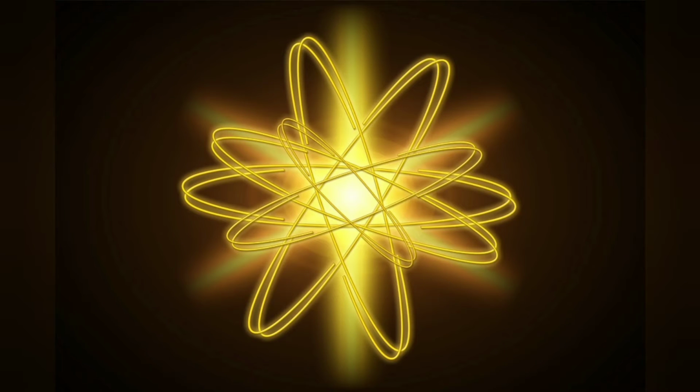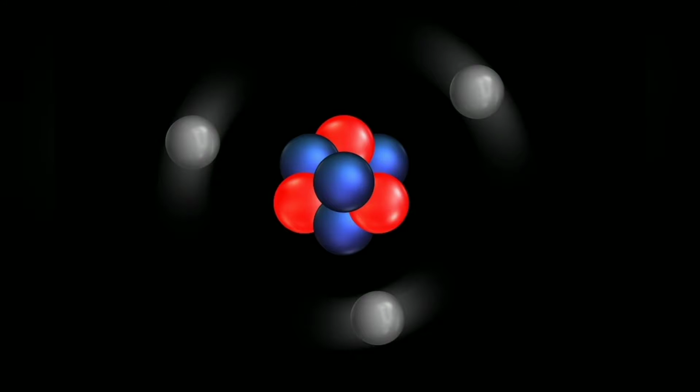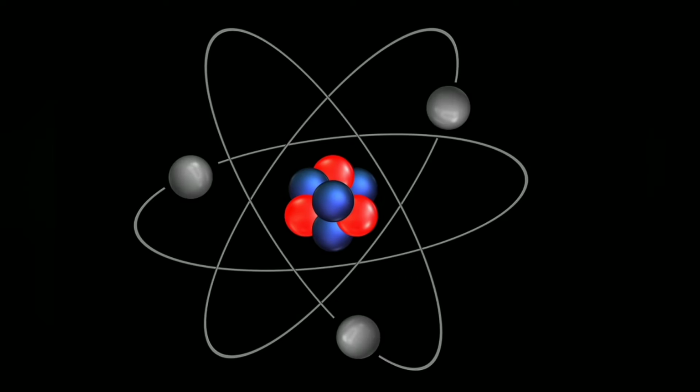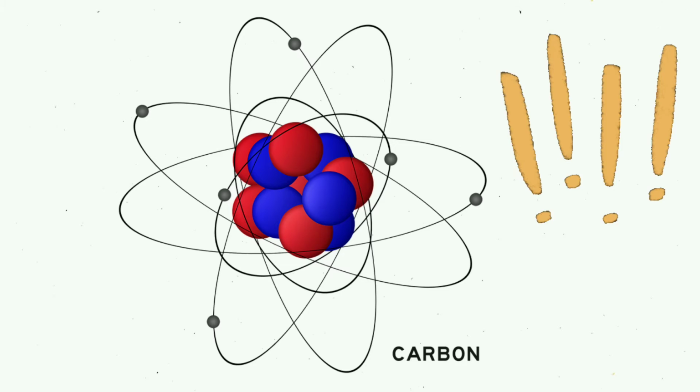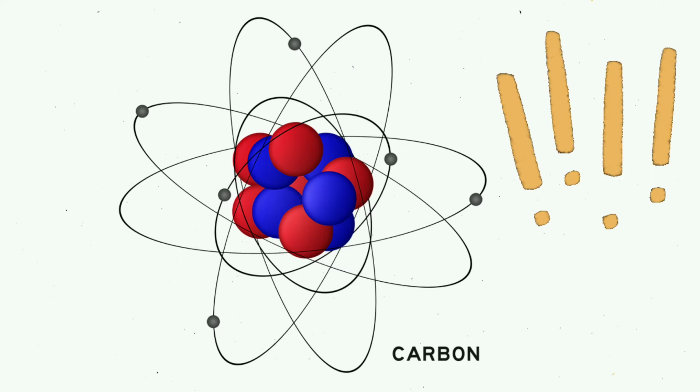Atoms consist of three basic particles: protons, electrons, and neutrons. The nucleus or center of the atom contains the protons, positively charged, and the neutrons, which have no charge. The outermost regions of the atom are called electron shells and contain the electrons, which are negatively charged. Atoms have different properties based on the arrangement and number of their basic particles.